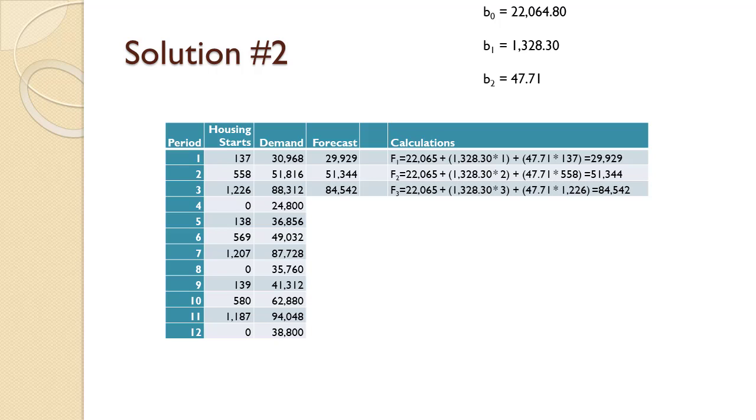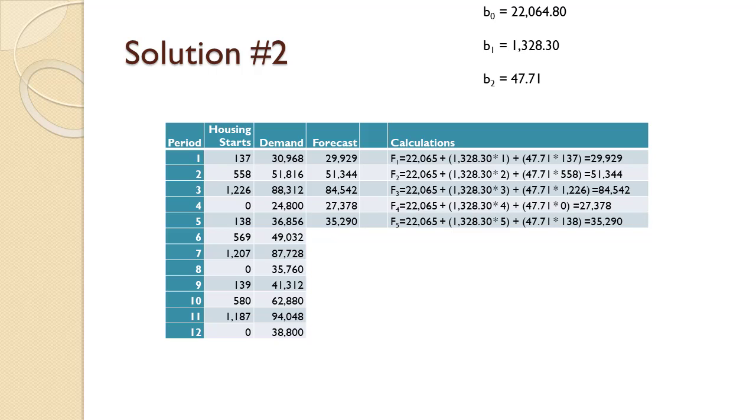F3 equals 22,064.8 plus 1,328.3 times 3 plus 47.71 times 1,226 equals 84,542. F4 equals 22,064.8 plus 1,328.3 times 4 plus 47.71 times 0 equals 27,378.